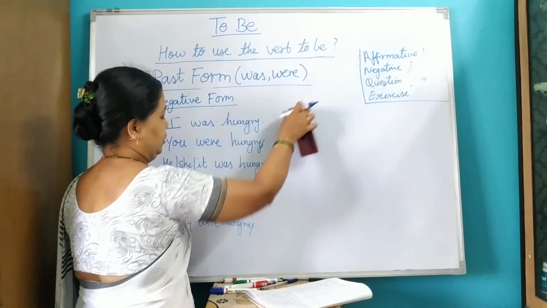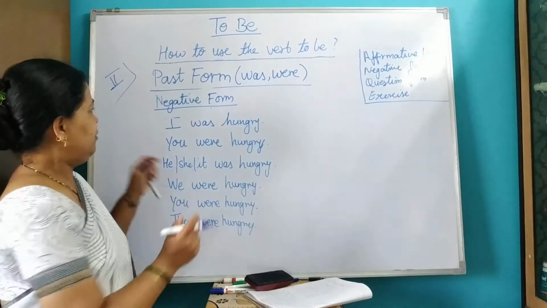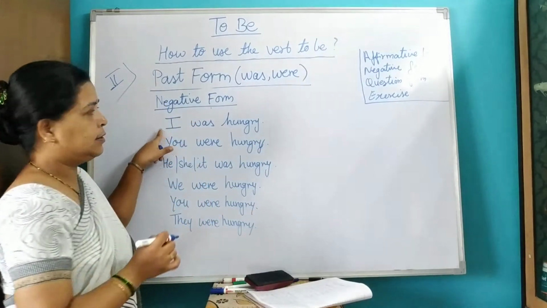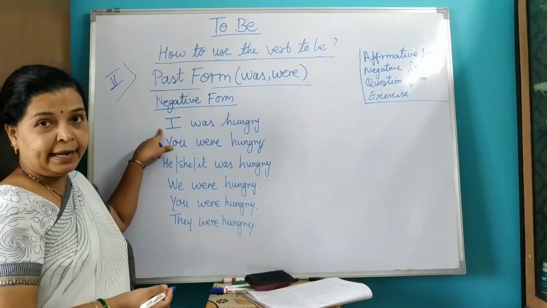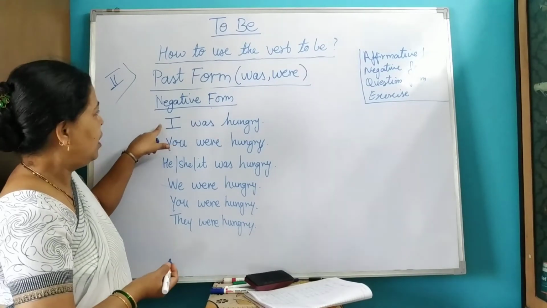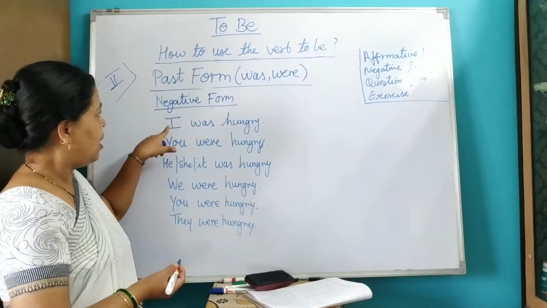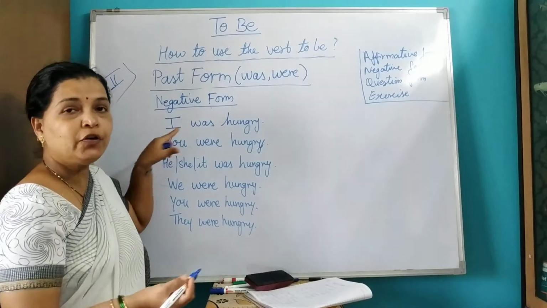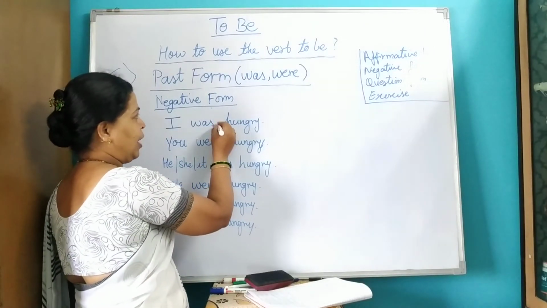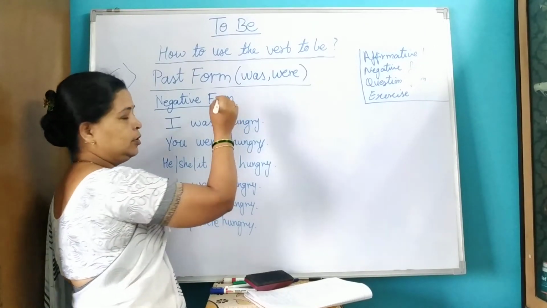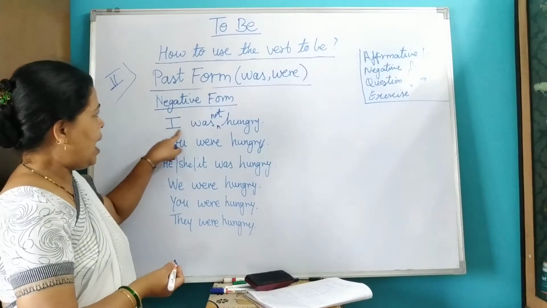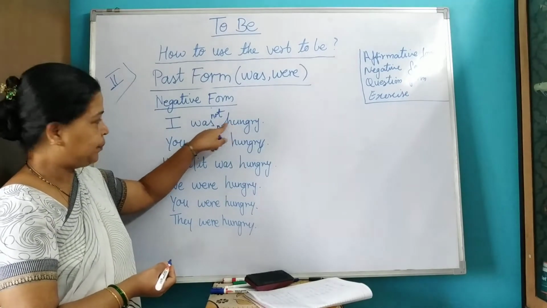Now, if I want to make this sentence negative, how do we do it? I was hungry. Make it negative. I was not hungry. So, we have to add not. I was not hungry.